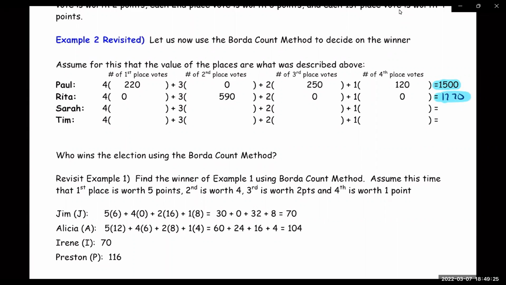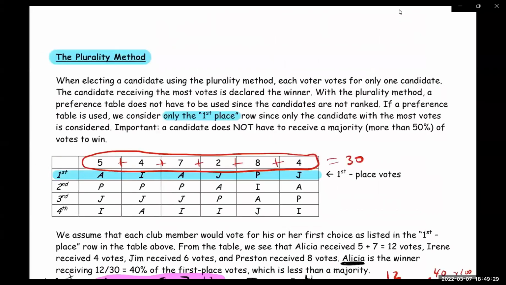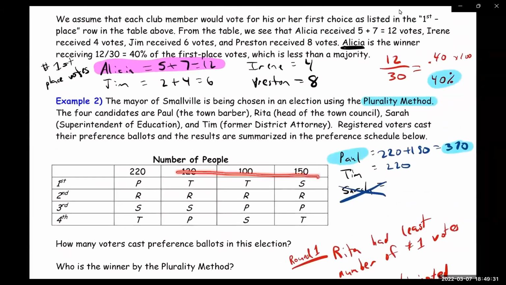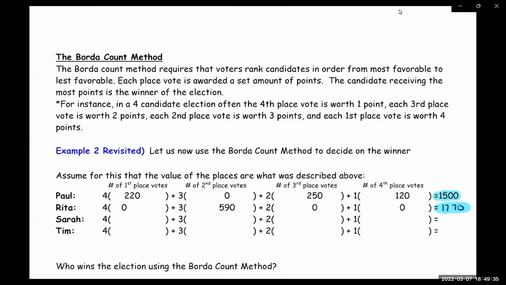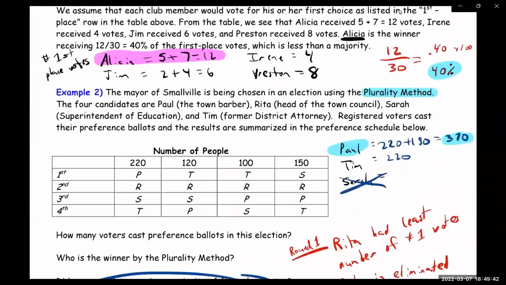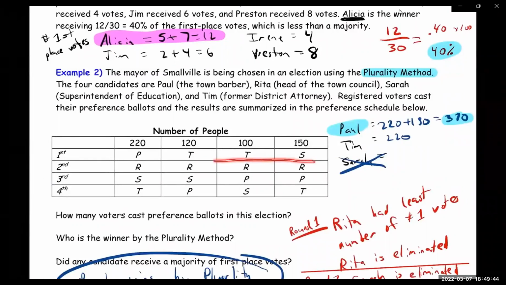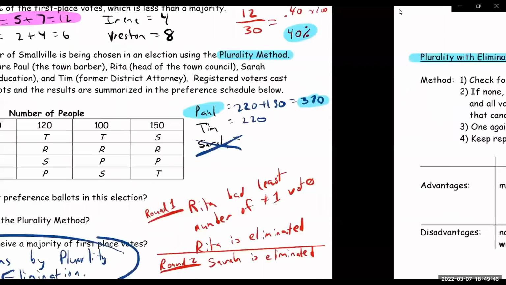All right, Sarah, let's see how many first place votes did Sarah get? 150. So that would go here. How many second place votes did Sarah get? None. 0.